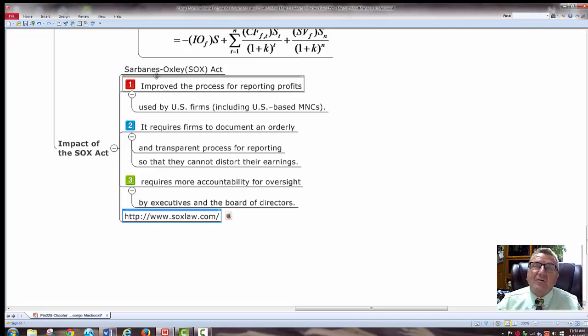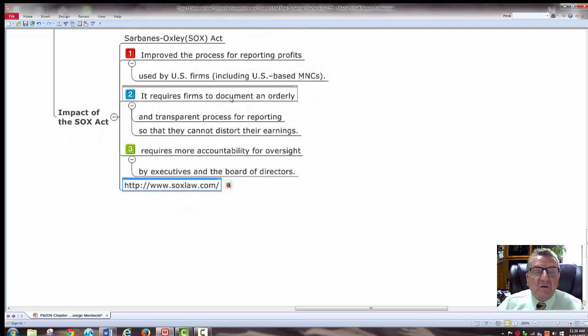Okay, the reason for the act was Enron. You had all the high-level misappropriation of funds. Being very careful here. The act aims to improve the process for reporting profits used by firms, including U.S.-based MNCs. It requires firms to document an orderly and transparent process for reporting so that they cannot distort their earnings.